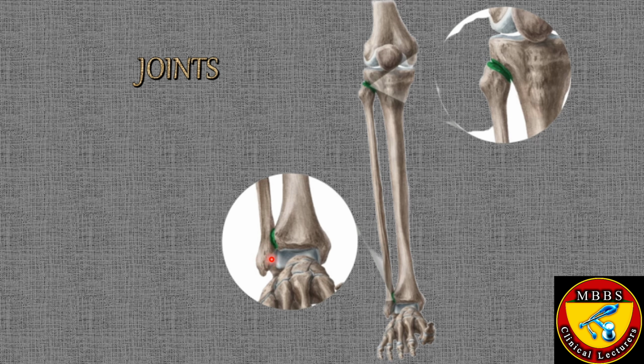One participates in the ankle joint by getting attached to the talus bone, and there are the inferior tibiofibular joint and the superior tibiofibular joint. Superior tibiofibular joint, inferior tibiofibular joint, and talofibular joint.